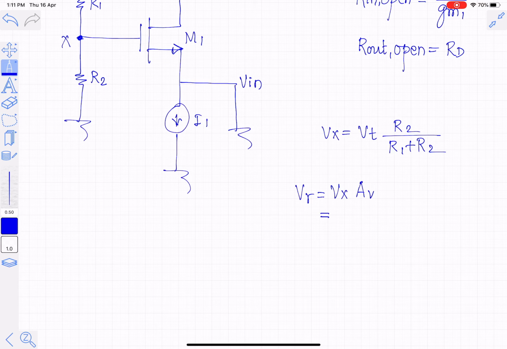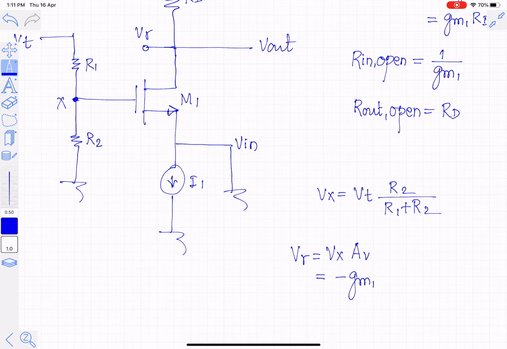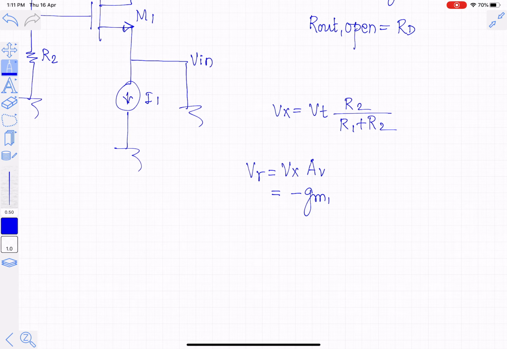So AV is minus GM1 into RD, as it is a common source amplifier without source degeneration, into Vx. So it is equal to minus GM1 into RD, and Vx is R2 divided by R1 plus R2 into VT.